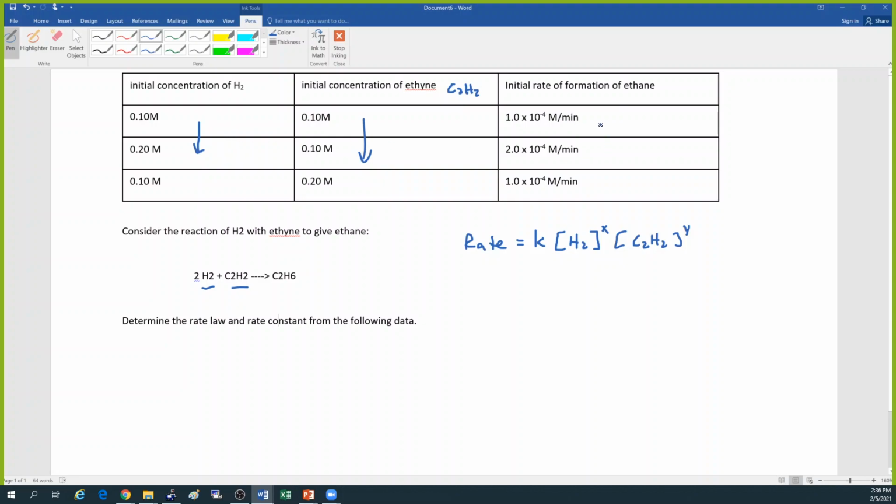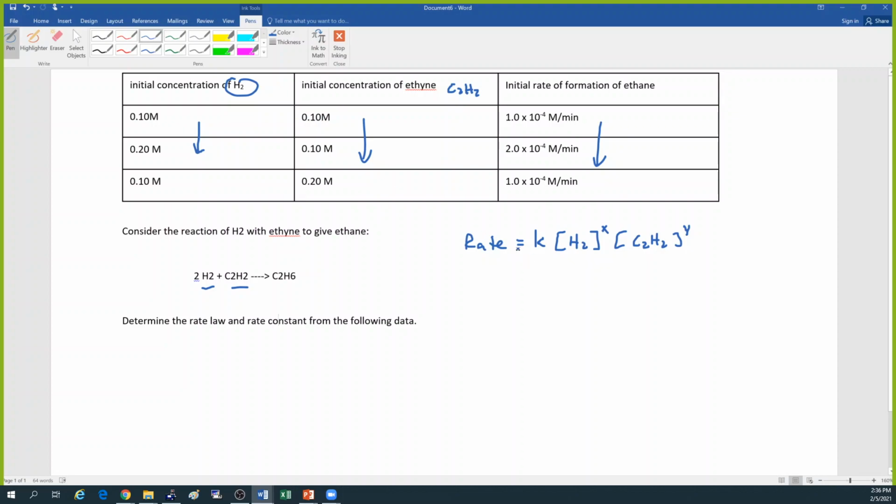So if there's an effect on the rate, it has to come from the hydrogen because this one isn't being changed. And that's what we look for. We're controlling our method to only let one reactant change at a time. So we have to pick pairs of experiments that vary one thing but not the other.